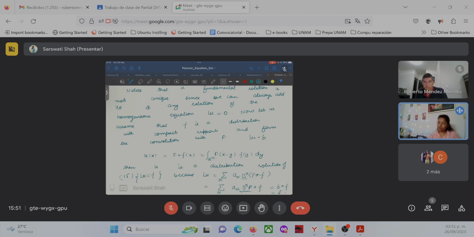So L u equals f. So then u is a distribution solution of this equation.